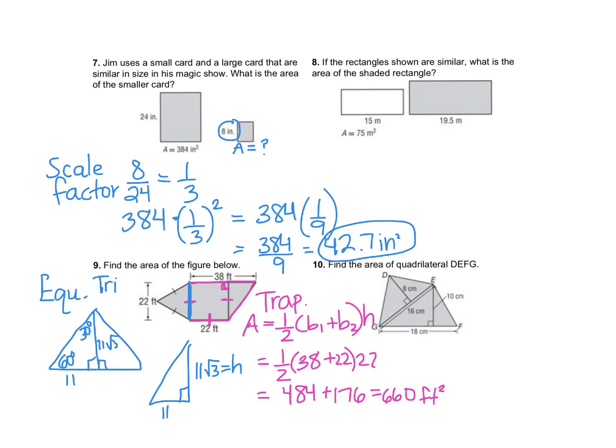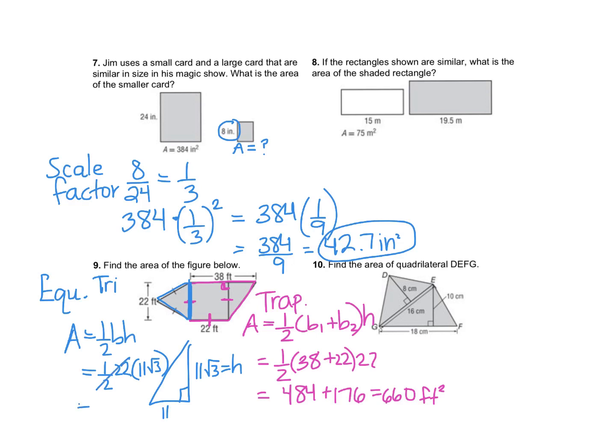So now that we have the height, we can go ahead and substitute the numbers into the formula for the area of a triangle. So area of a triangle is 1/2 the base times the height. And our base of this entire complete equilateral triangle would be the 22. And the height would be 11 times the square root of 3.